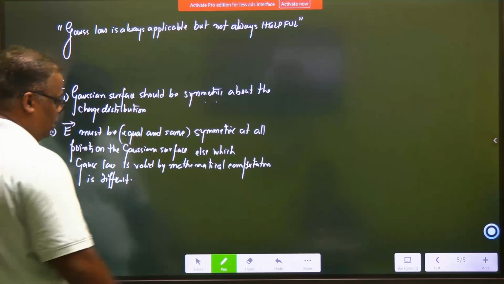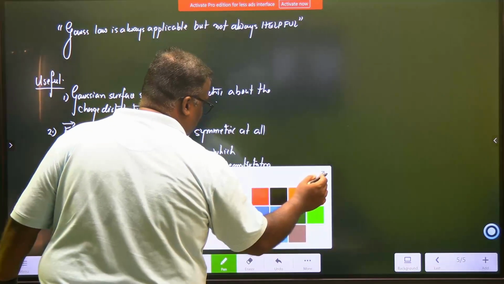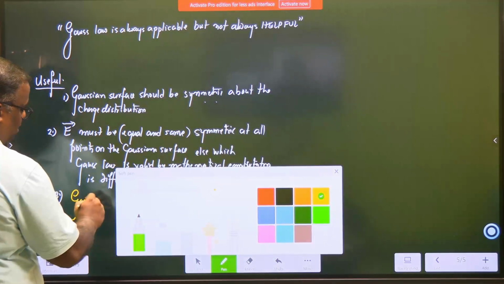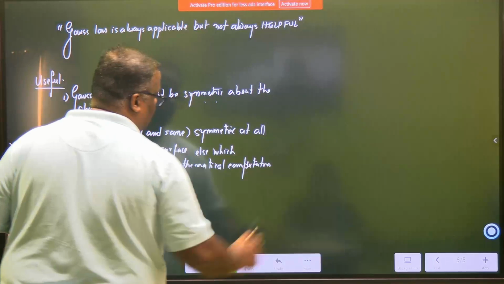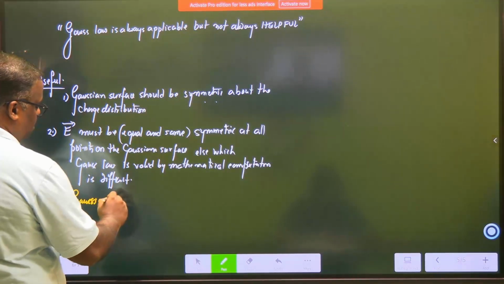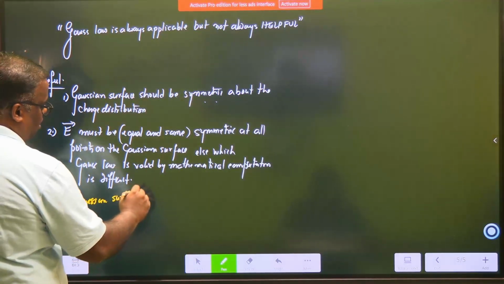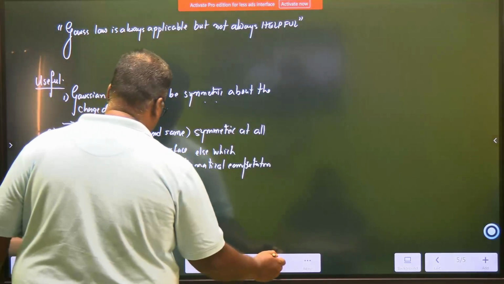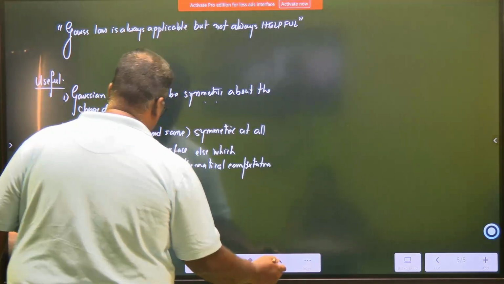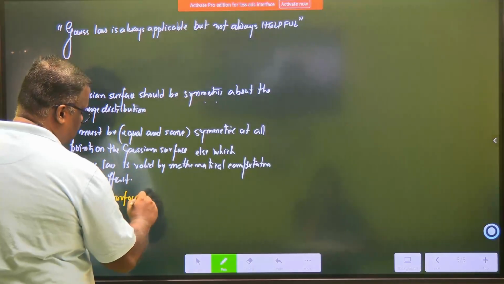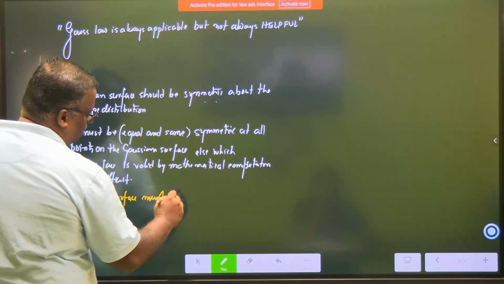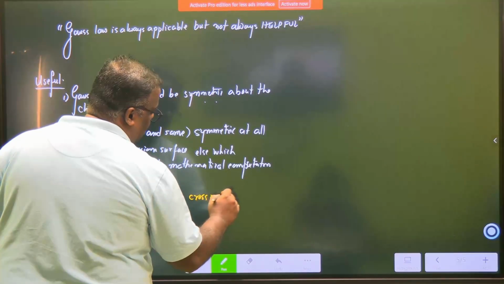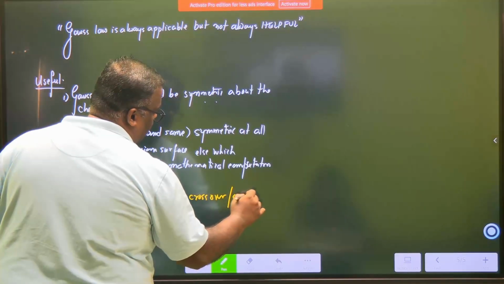This is important. You will use this in your grade 12. The Gaussian surface must not cross over or cover a charge.